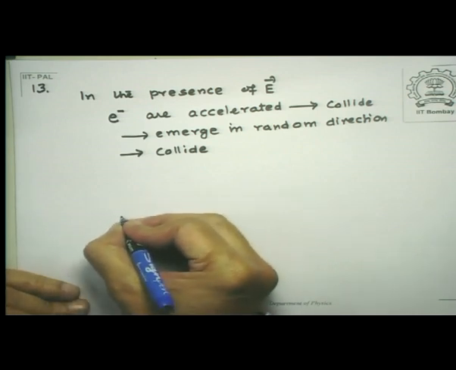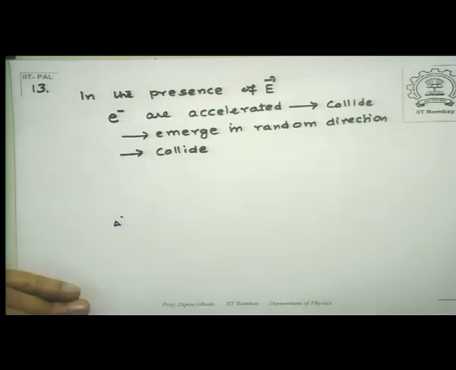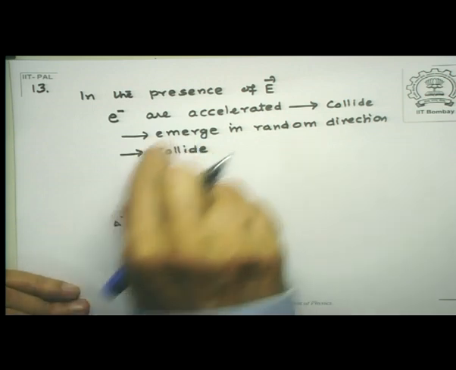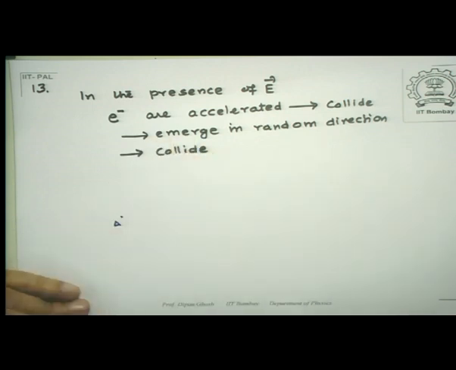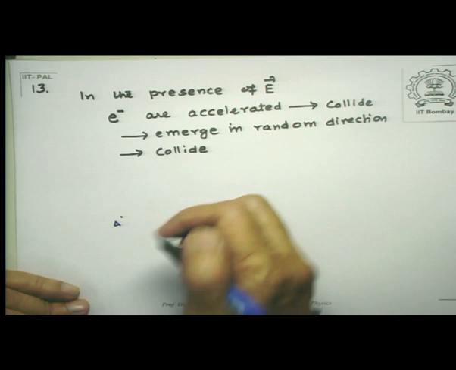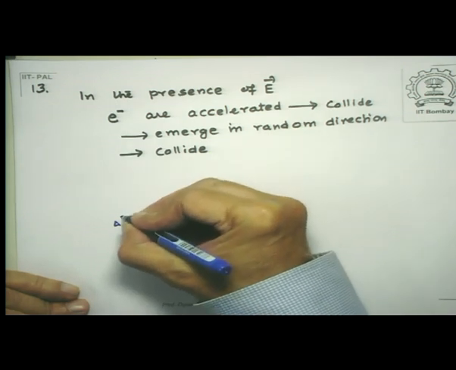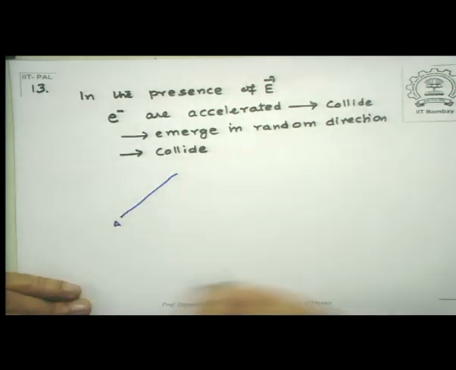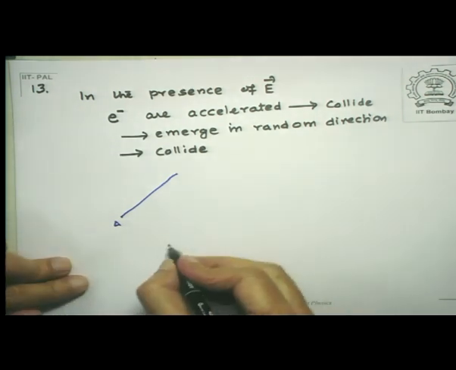Supposing my electron was at this point A. I will not show the location of an atom because it will clutter up the figure, but let us suppose the electron went there. Let me also show the direction of the electric field.